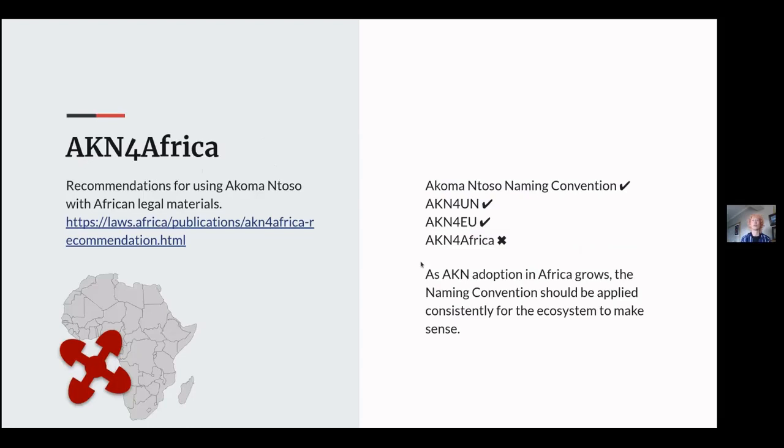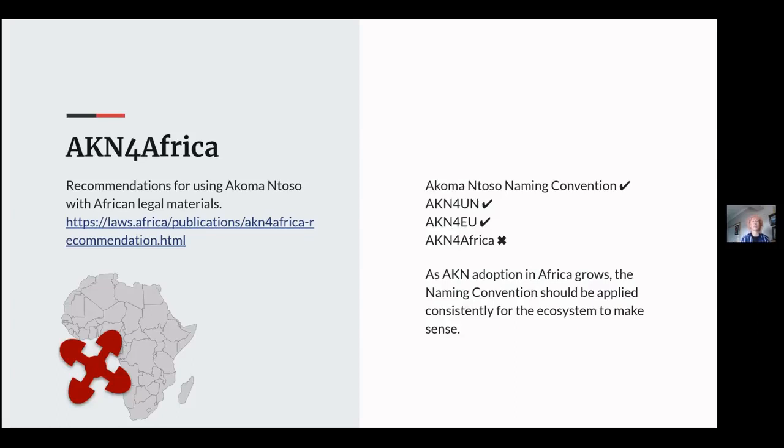As our scope grew of the different types of documents that we mark up and digitize, we obviously started with the base naming convention as our first resource. Then we started looking at resources like the AKN for UN and AKN for EU guidelines for more particular advice.